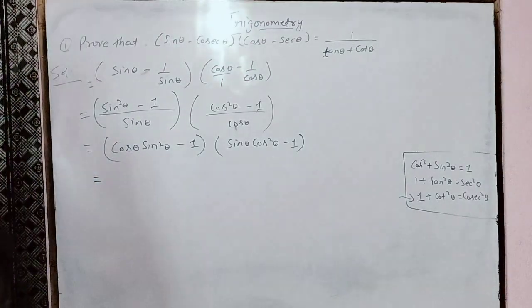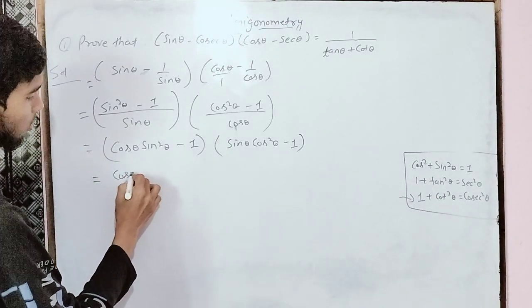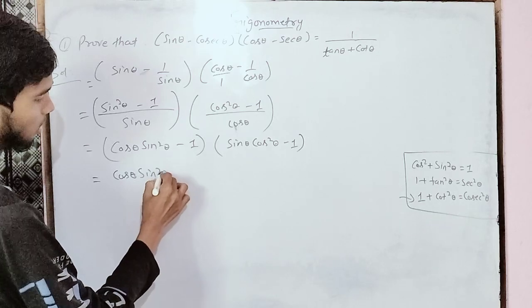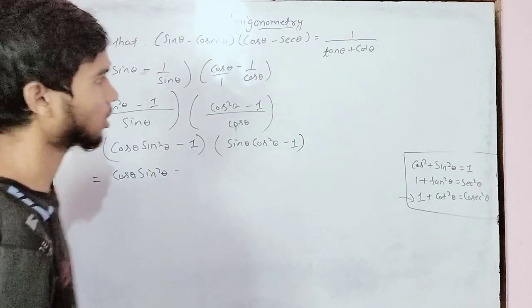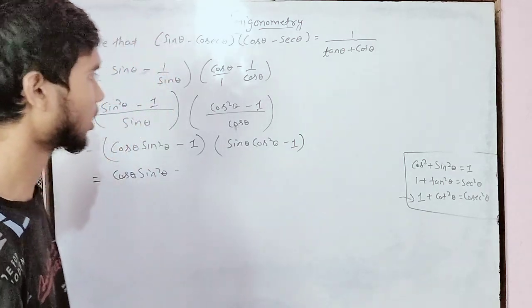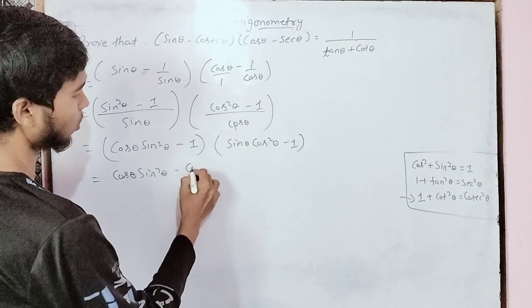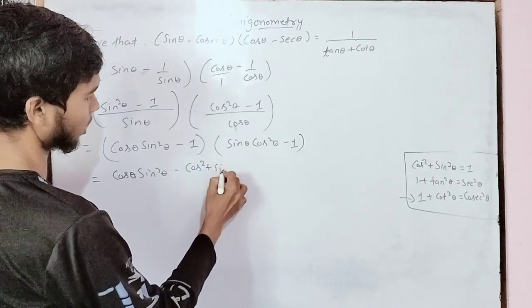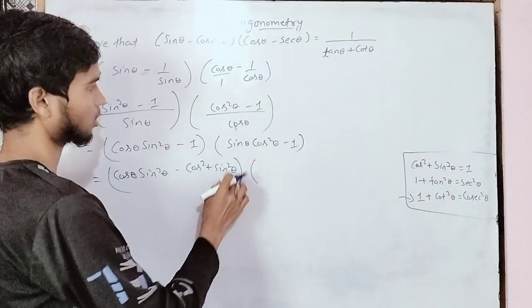Now what can be done? Cos theta sin square theta, 1. As you know, 1 is cos square theta plus sin square theta. Clear?